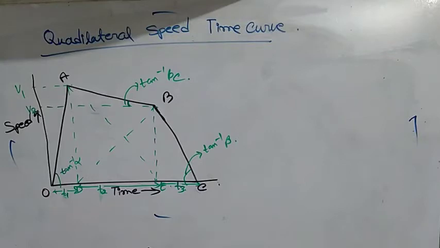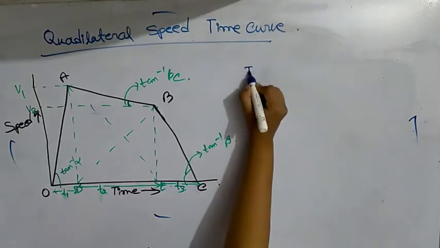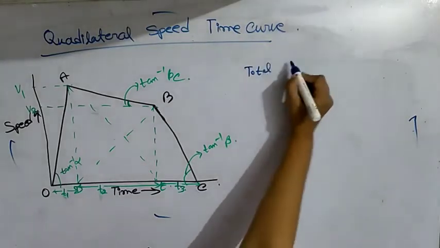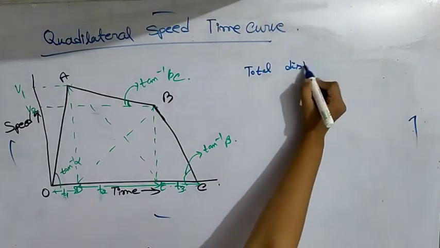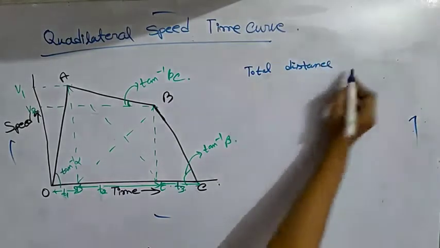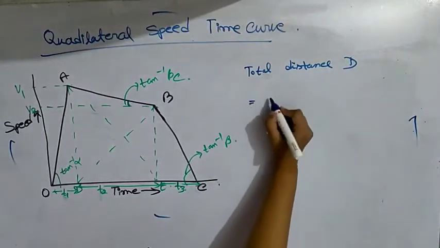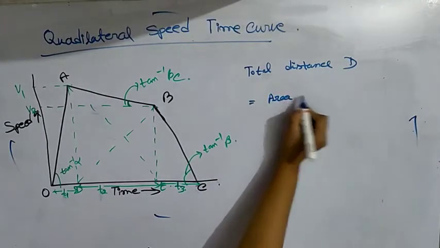So total distance D is equal to area OABC.